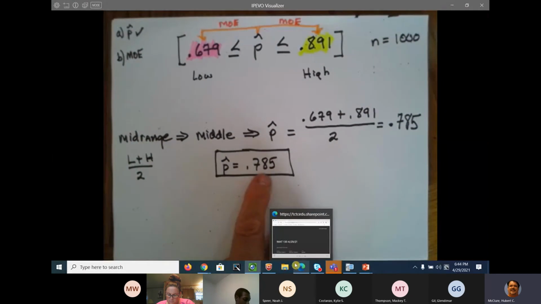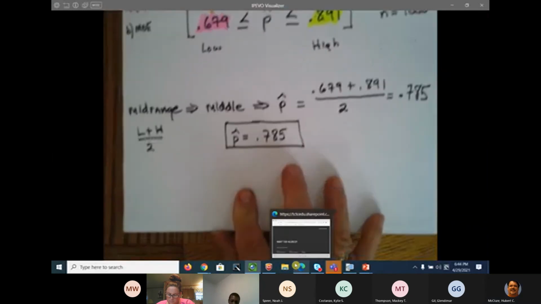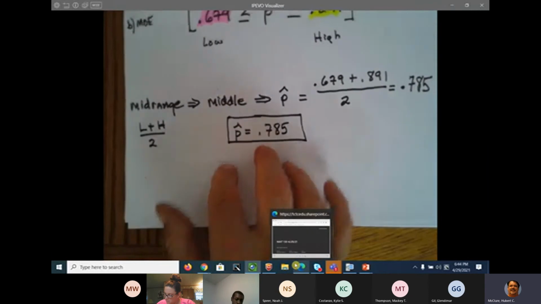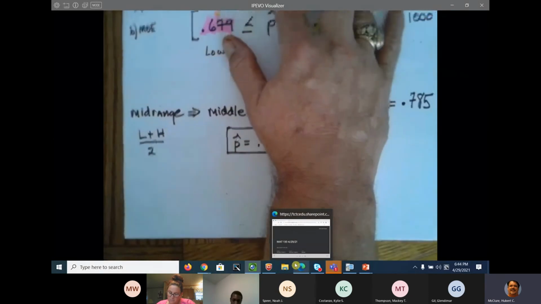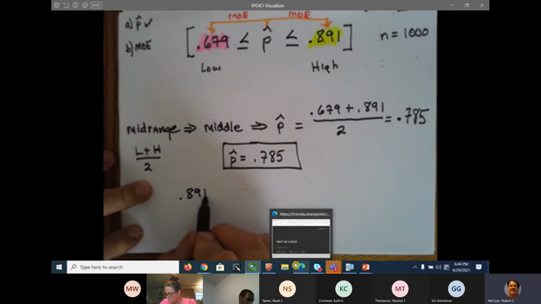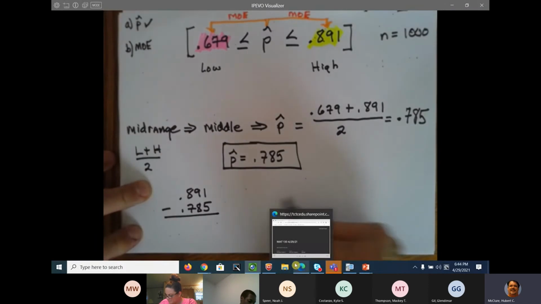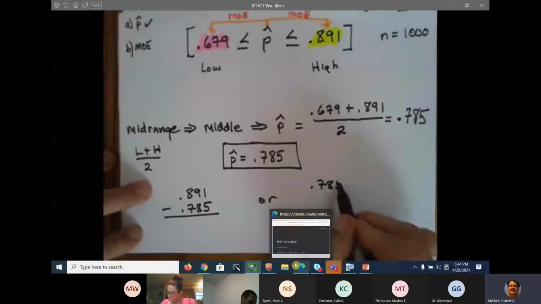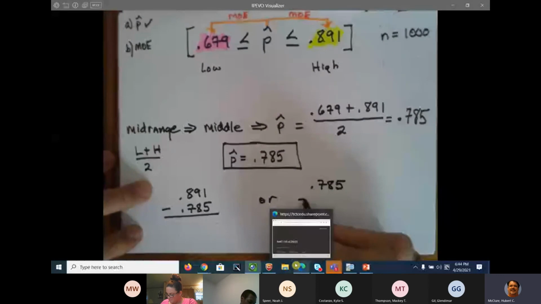0.891 minus 0.785. I'm going to do both of them. You can do either or. You can take 0.891 minus 0.785, or you can take 0.785 and subtract 0.679.